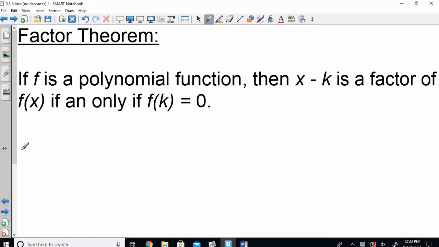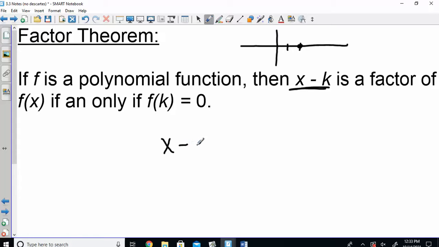Yesterday, the last few problems asked you to figure out if something was a zero. And if it was a zero, what did that mean? The remainder was zero. If you think about a graph, if I tell you that 2 is a zero, zero is just another word for an x-intercept. If I ask you if something is a factor, that's just another way of asking you if it's a zero.